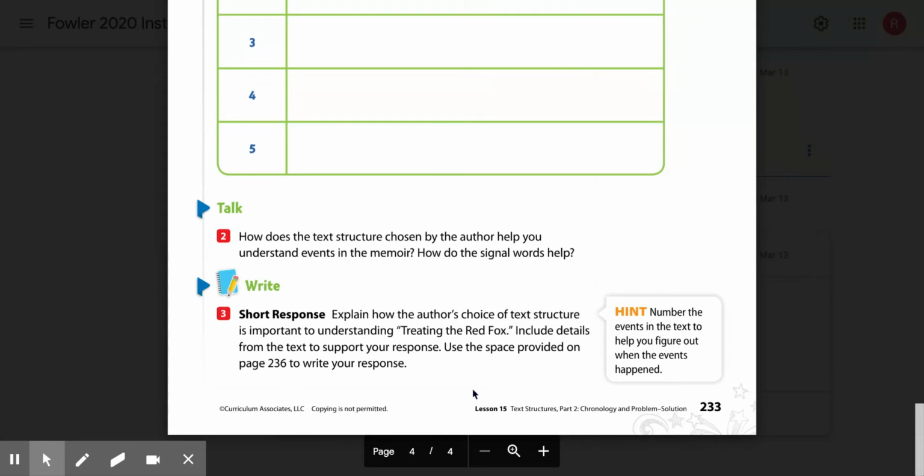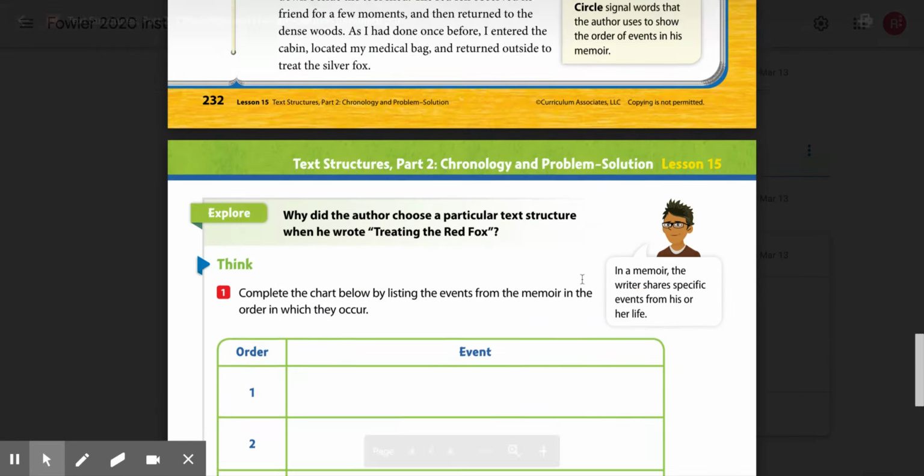How does the author use chronological order to help us understand how to treat the red fox? That's what this question is saying. The only difference between these two is this one's asking how it helped you understand, and this one's asking how it helped you understand how to treat the red fox, but it wants you to include details from the text. I'm looking for 2 details from the text on how the author used chronological order.